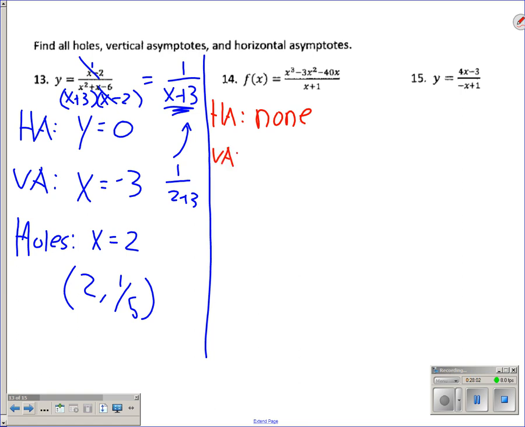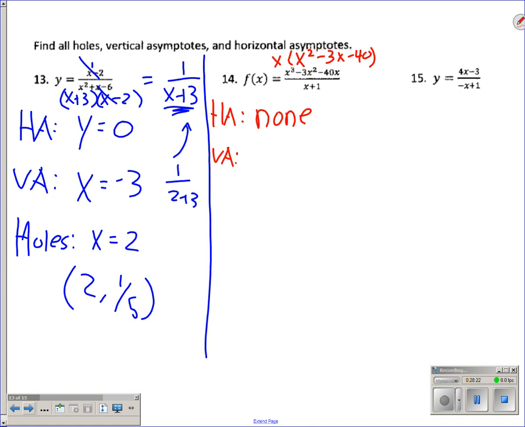Now vertical asymptotes and holes. This all goes with what factors out, cancels out, and what doesn't. So let's see how the top factors. Looks like I can take an x out, and I'm left with x squared minus 3x minus 40. Does that factor more? Well, are there factors of -40 that add to -3?